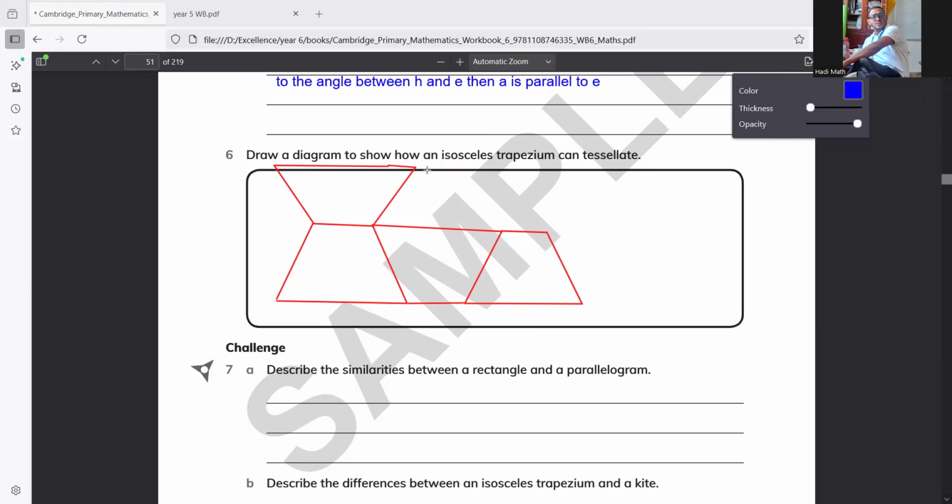Then you can continue and draw another one over here, up and down for each other.